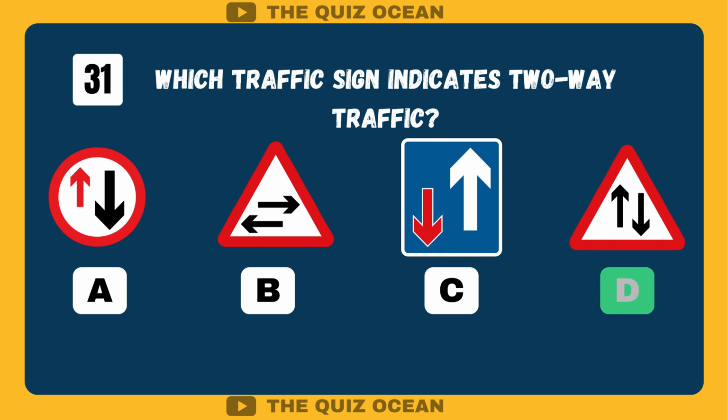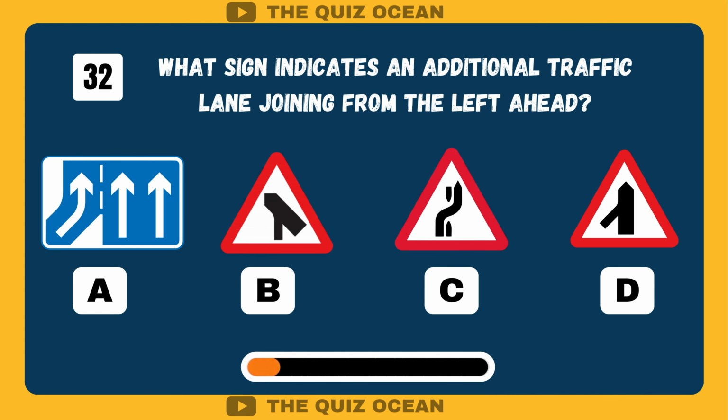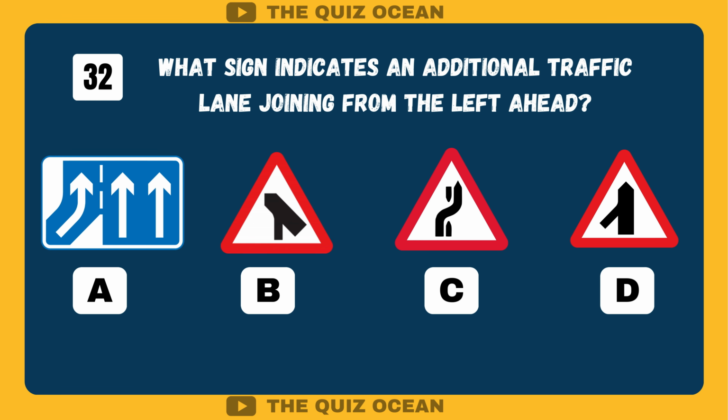The answer is D. Question 32. What sign indicates an additional traffic lane joining from the left ahead? The answer is A.